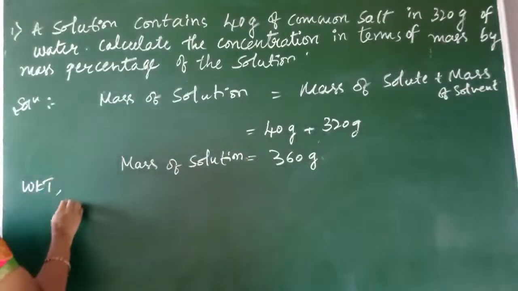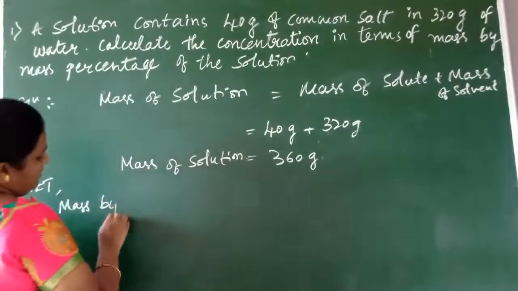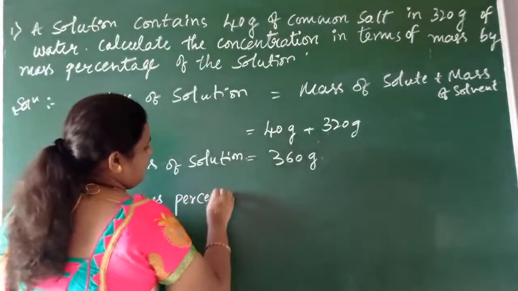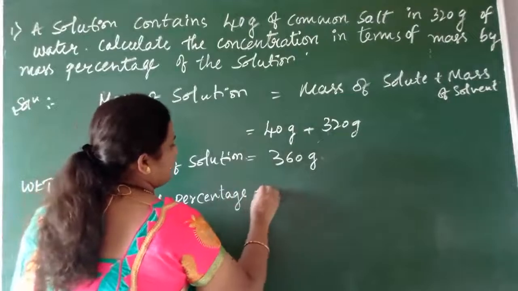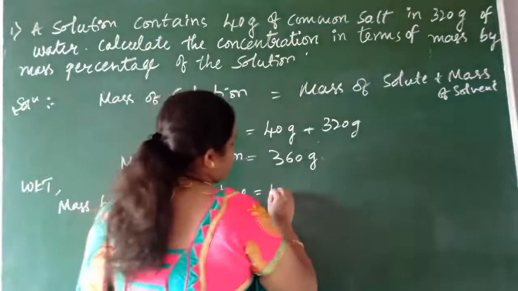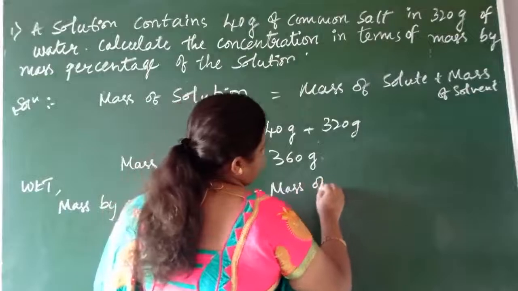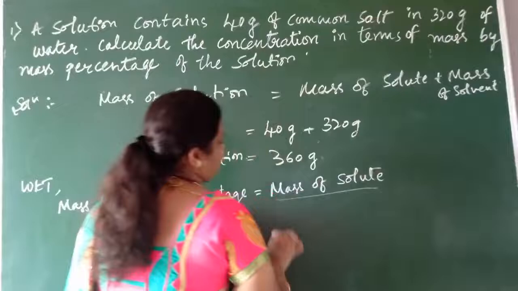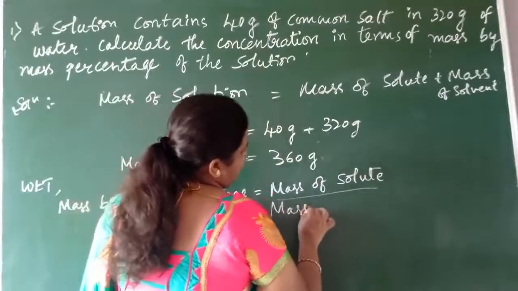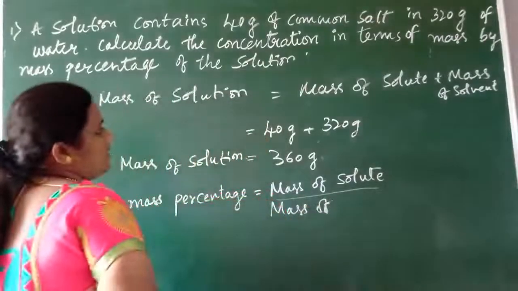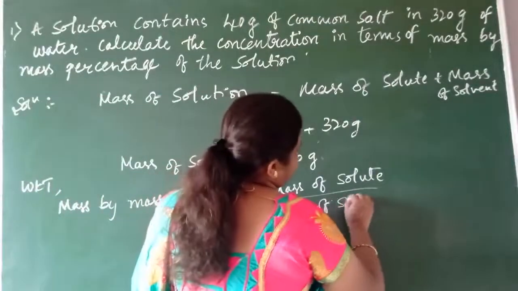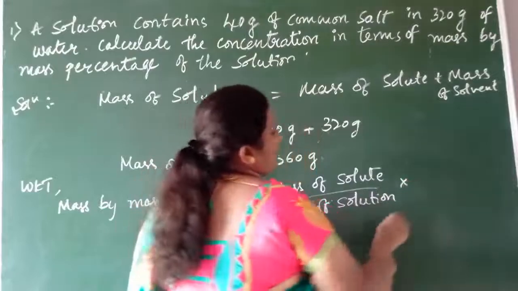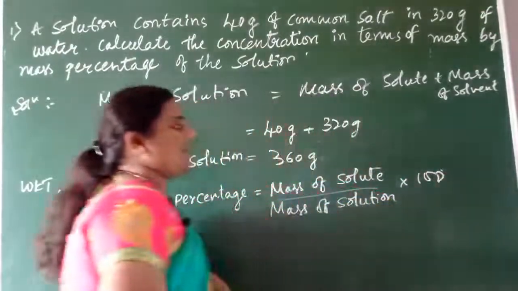So now we know that. What is the formula? Mass by mass percentage is equal to mass of solute divided by mass of solution into 100.